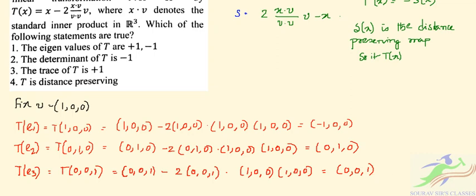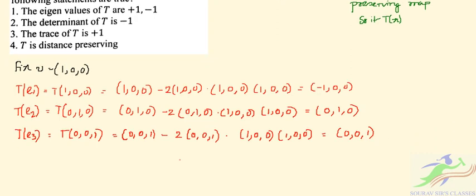So from here we can construct the matrix T. The first row, T of e1, is minus 1, 0, 0; T of e2 is 0, 1, 0; T of e3 is 0, 0, 1.